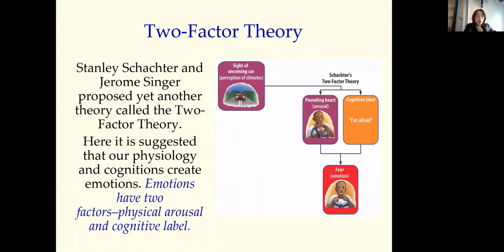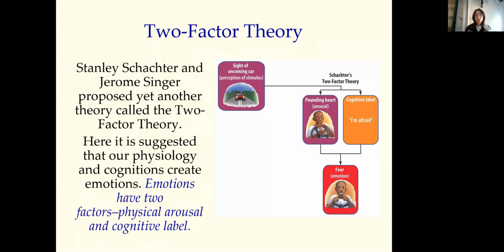And let's get back to our scenario of an oncoming car on the highway. The two-factor theory maintains that the car elicits our neural system's activation, and that is labeled as fear given the context. And our experience is that of fear. So if you label your body reaction as fear, you may feel fear, but if you label it as joy, you would have experienced joy.